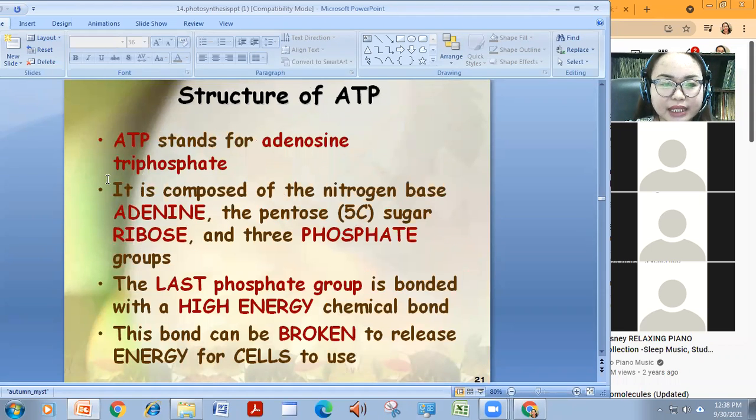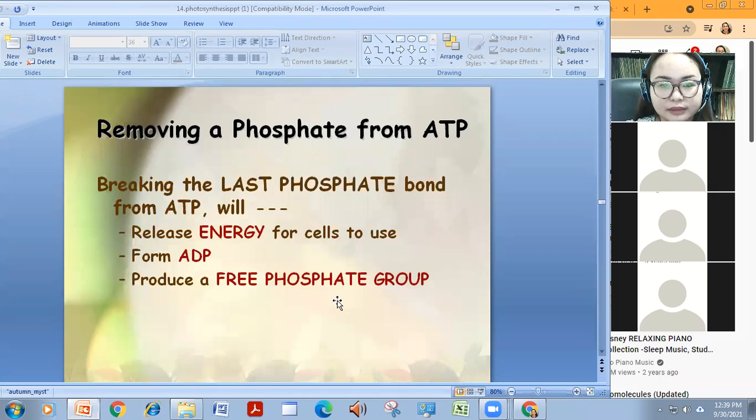So ATP stands for adenosine triphosphate, and it is composed of a nitrogen base, adenine, the 5-carbon pentose sugar, ribose, and 3 phosphate groups, while the last phosphate group is bonded with a high energy chemical bond and broken to release energy for cells to use.